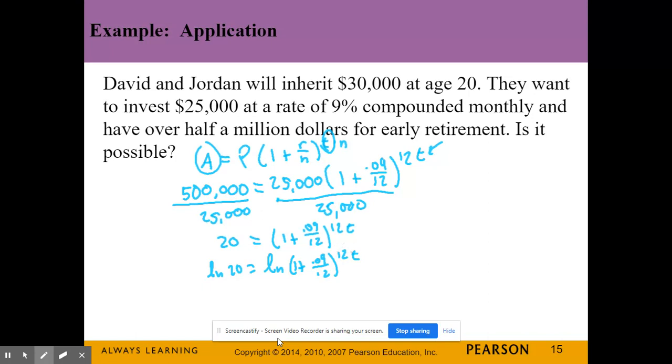Power property is going to get the 12t out front. So you've got natural log of 20 is equal to 12t times natural log of 1 plus 0.09 over 12. Now I'm going to divide that natural log from both sides.